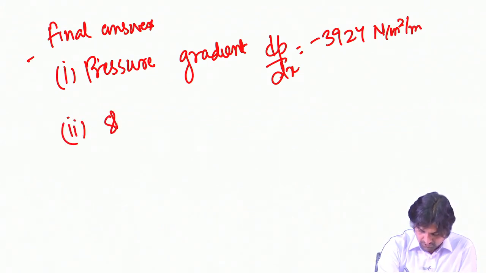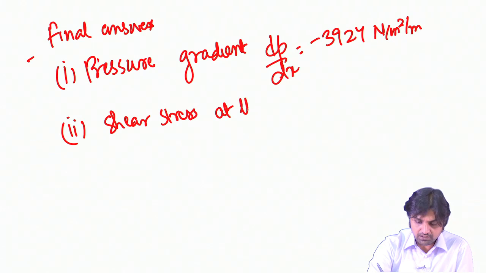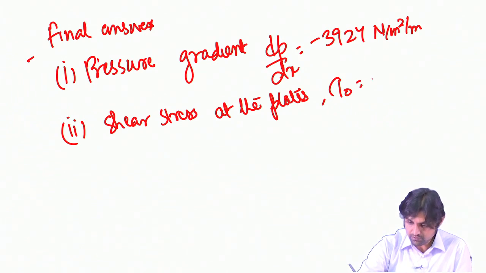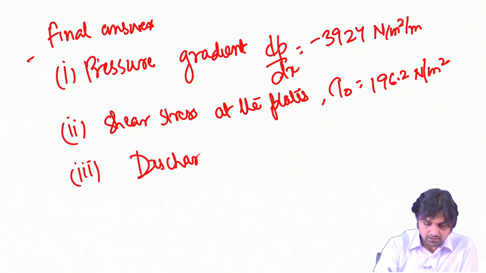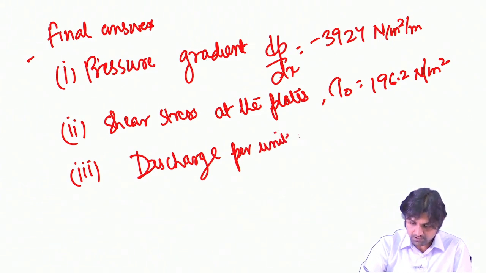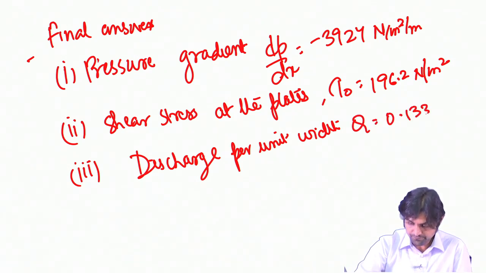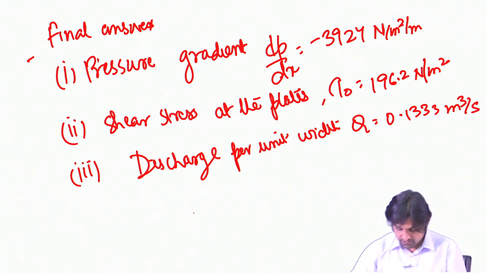Second one was the shear stress at the plates, that is tau naught is equal to 196.2 Newton per meter square, and the third one was the discharge per unit width Q, 0.133 meter cube per second. So, these are the final answers.